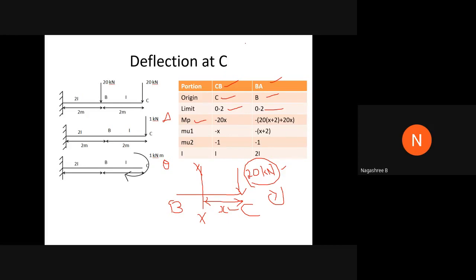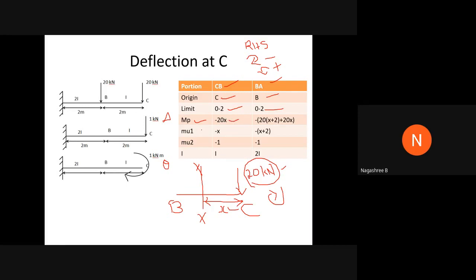As per our sign convention, going from right to left, clockwise moments are considered negative and anti-clockwise moments are considered positive. Here we got the moment as clockwise, so it is minus 20 into x.